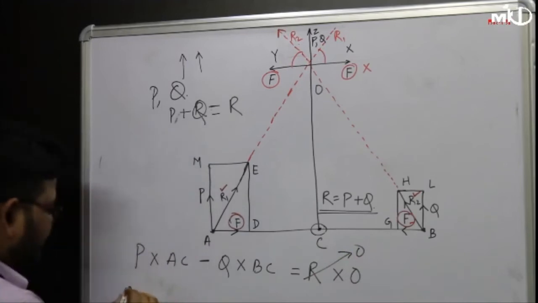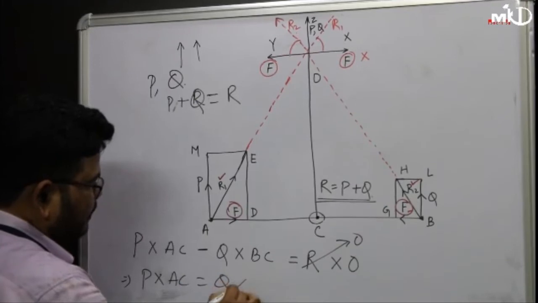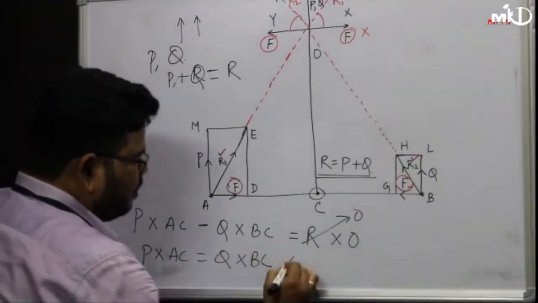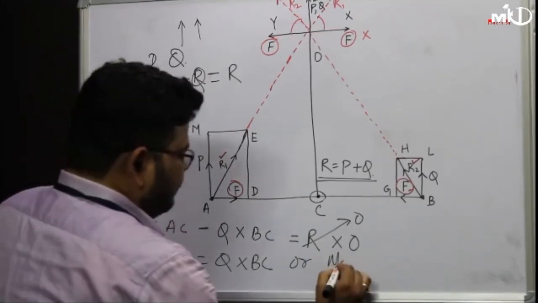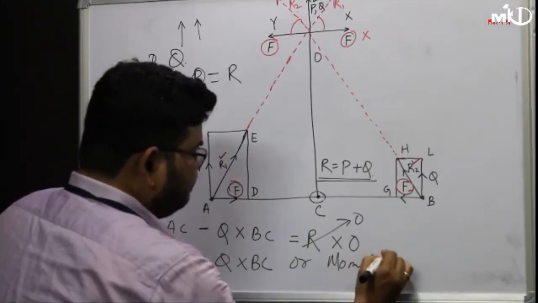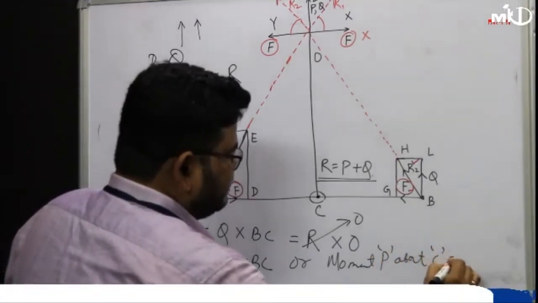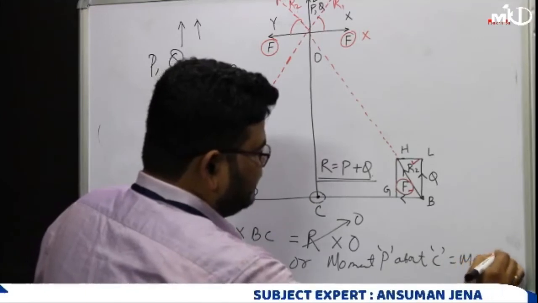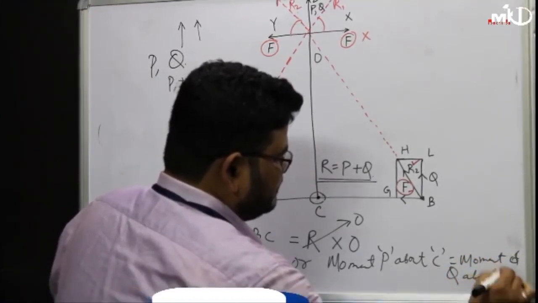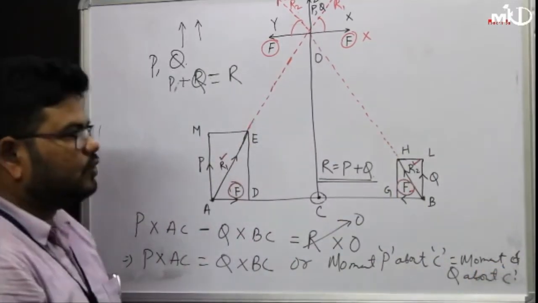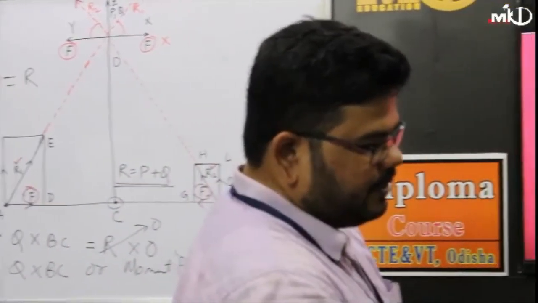So ultimately you get that P into AC is equal to Q into BC, or we can say that the moment of P about C is equal to the moment of Q about C. So this is all about the resultant of two like parallel forces.